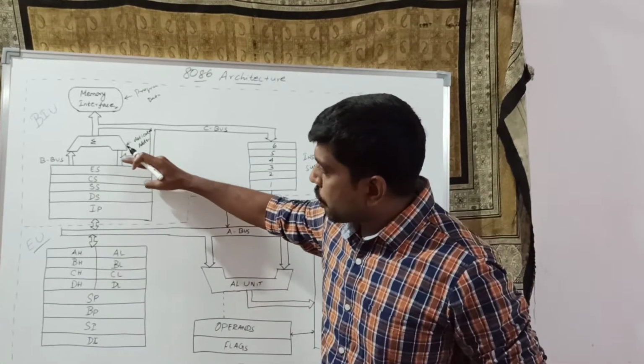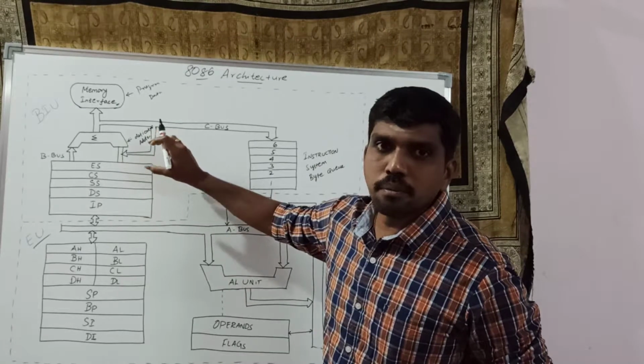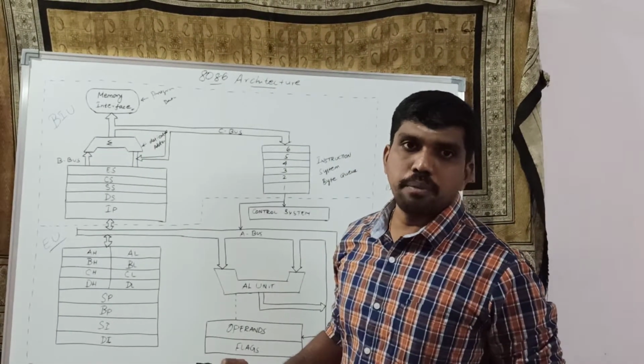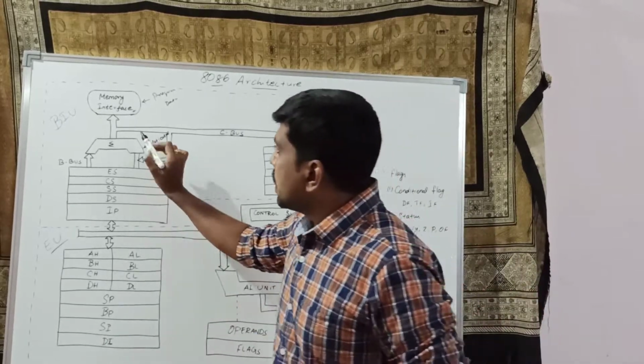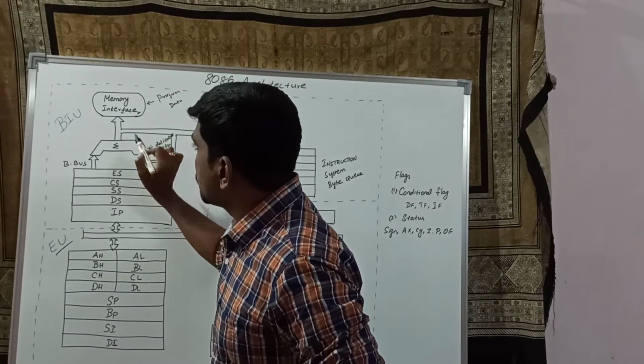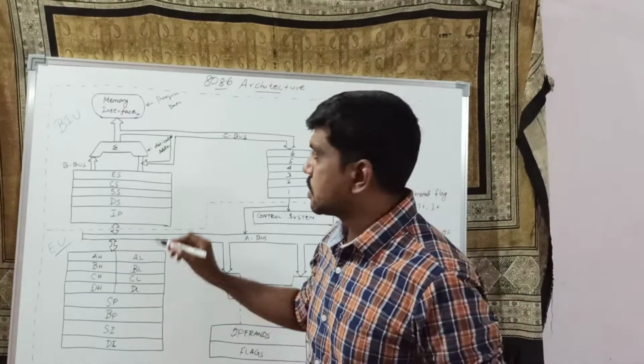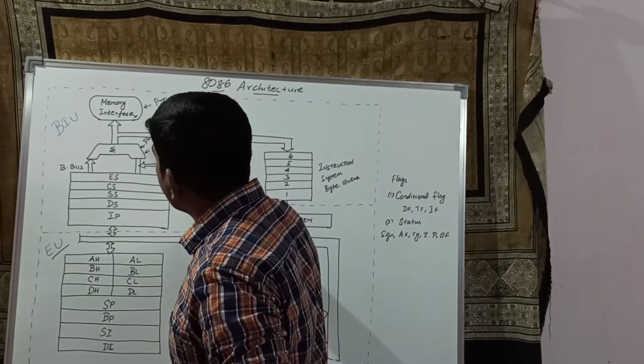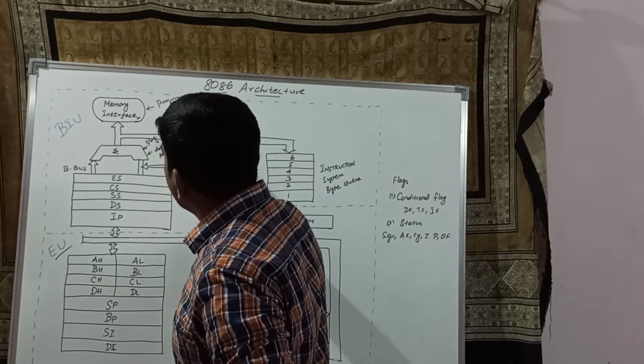Okay. So these 4 segments generate a 16 bit value. This 16 bit value is converted to a 20 bit address location. Okay. So this block is used to find the physical address of memory.